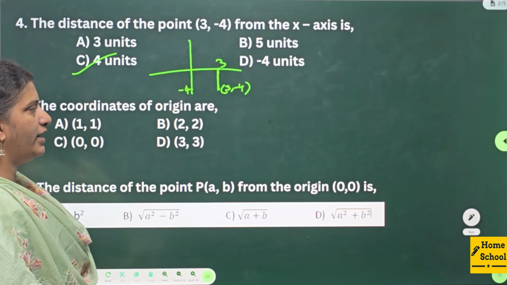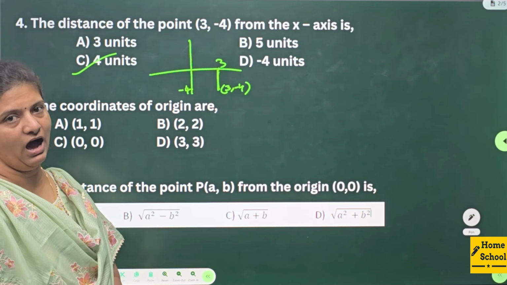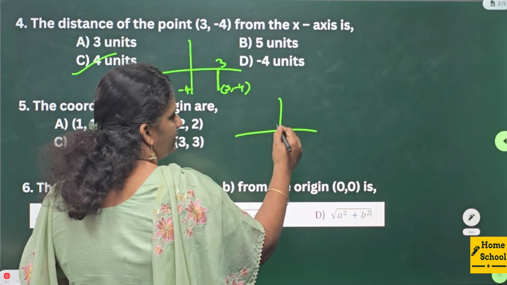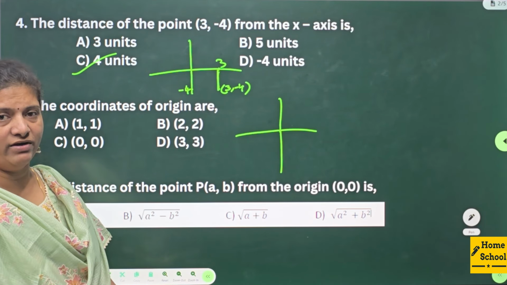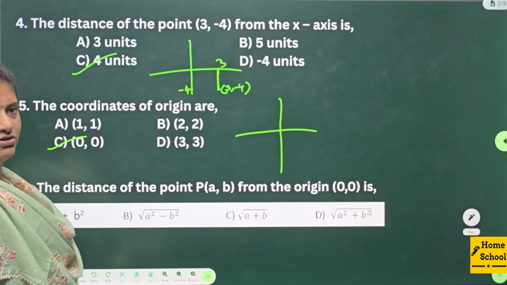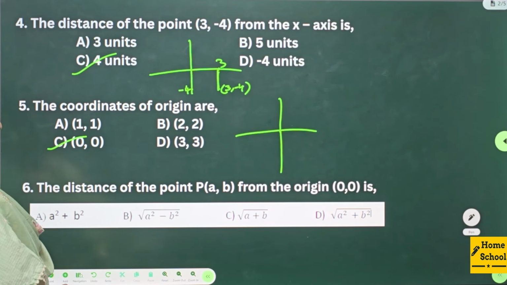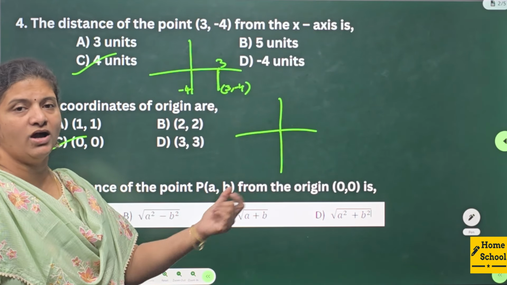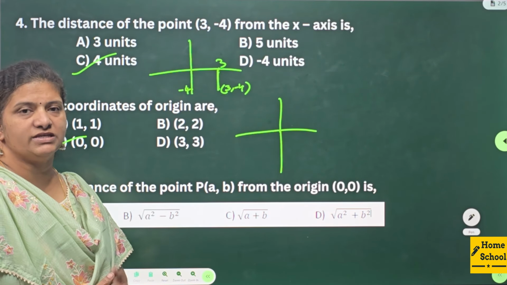Fifth one, the coordinates of origin are. What are the coordinates of origin? Origin, x value is 0 and y value is also 0. That is C, 0, 0 is your answer. Sixth one, the distance of the point P(a, b) from the origin 0, 0.